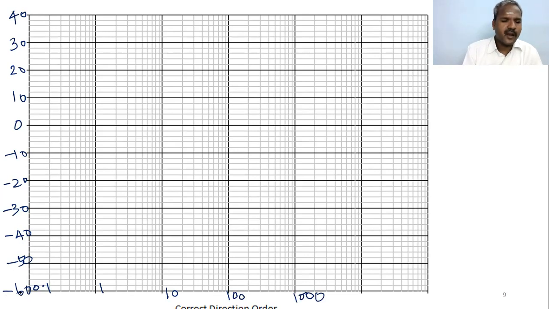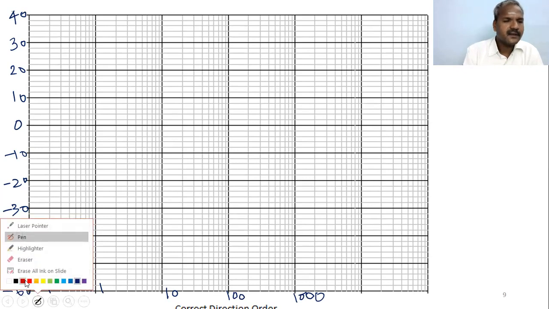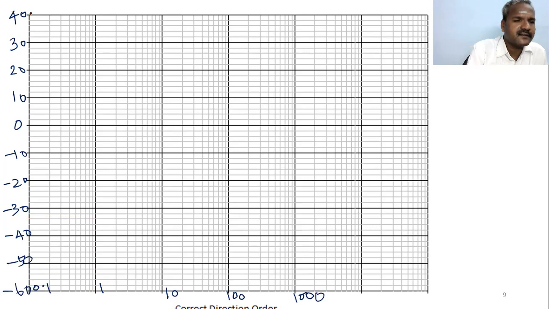Now at 0.1 radian per second, the dB starting value is 40 dB. Then omega C1 is at 2.5, right? So 2.5, you calculate here 1, 2, 3, 4, 5, 6, 7, 8, 9, 10.